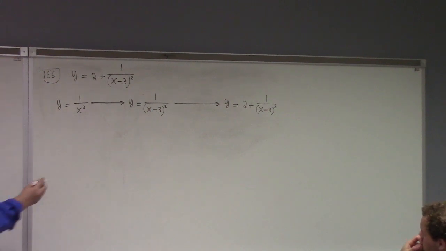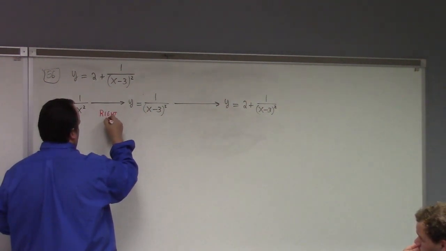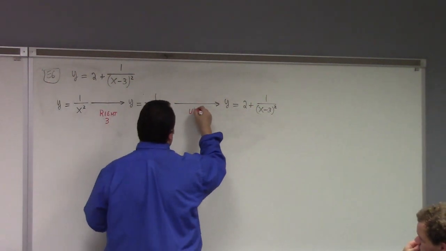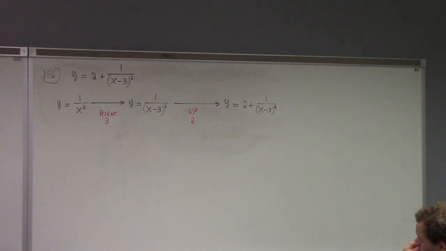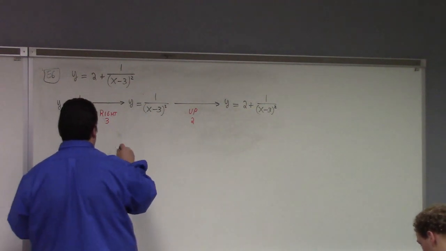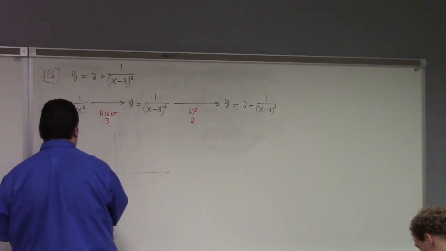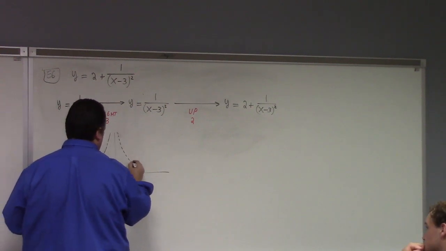Step 1, we go right 3, right? And then we do what? We go up 2. Right 3, up 2. So if I graph the volcano, it looks like this, right?